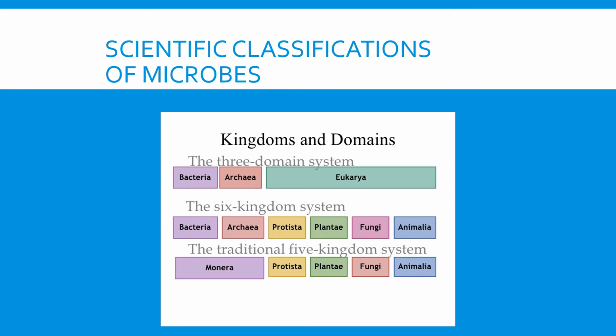Suffice it to say that scientific classifications have undergone a lot of revisions over the years. In the 4th century BC, Aristotle attempted to classify living things, and he said that there were 2 kingdoms, plants and animals, end of story.